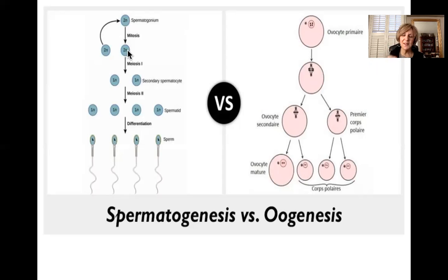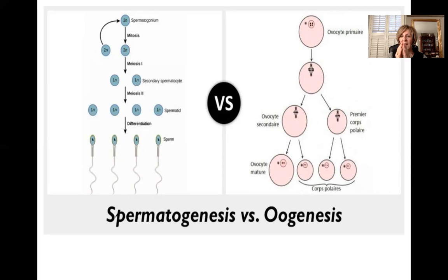But these are the cells that are destined to become sperm. In the testes, they're going to go through meiosis 1 and form something called a secondary spermatocyte. And then they're going to go through meiosis 2 and form something called a spermatid. Notice that you have 4 spermatids, which undergo a little more maturation and form sperm.